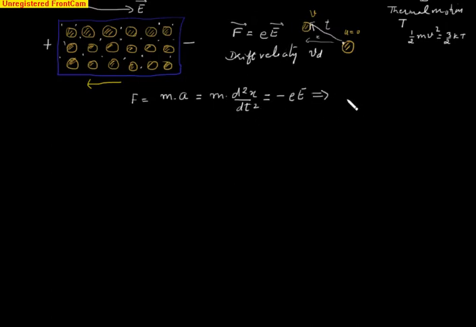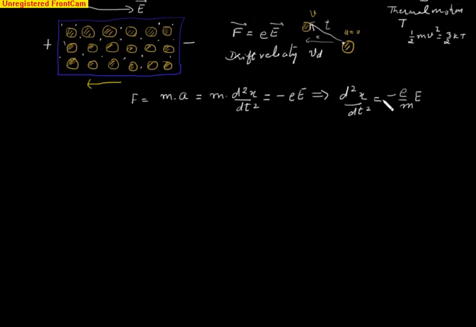This acceleration, d2x by dt square, is given by minus e divided by m times the applied electric field.